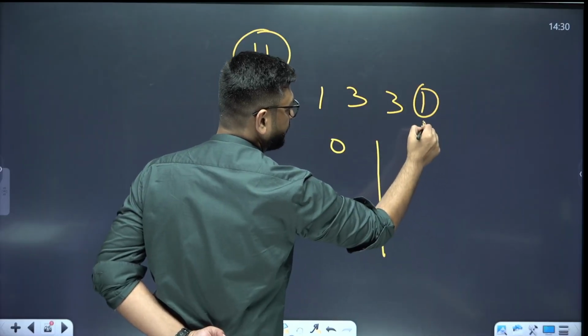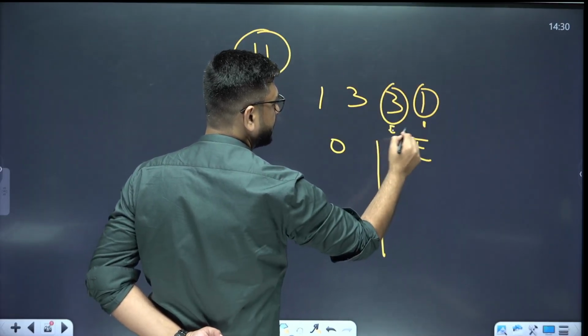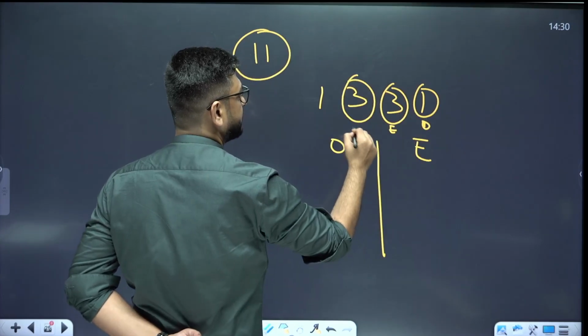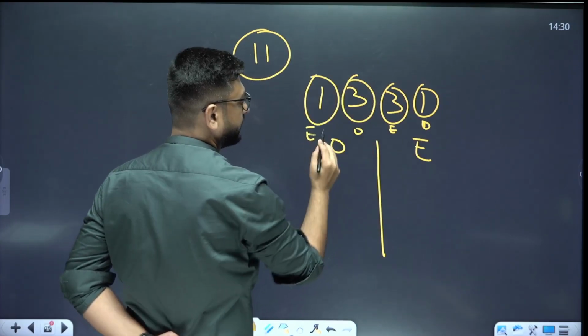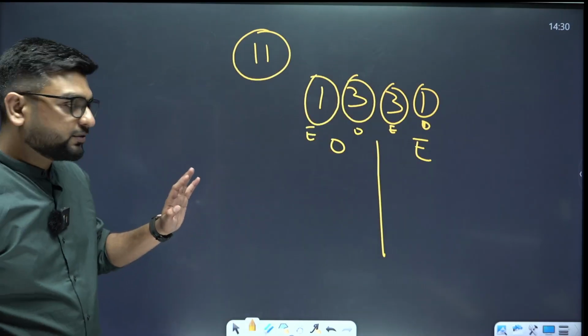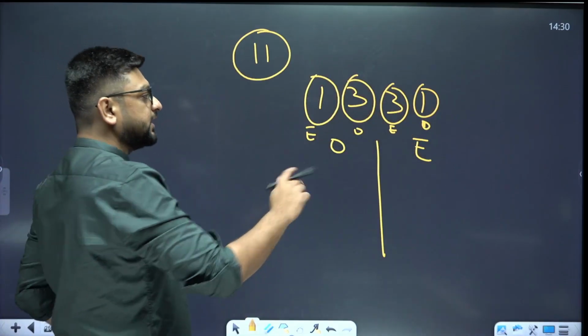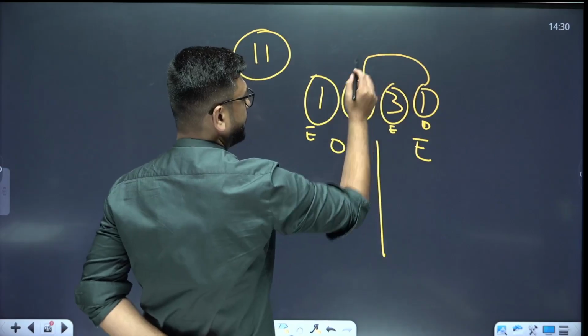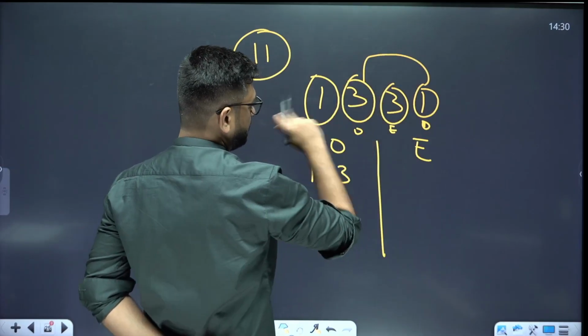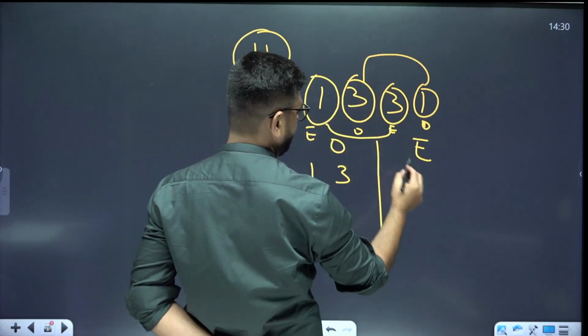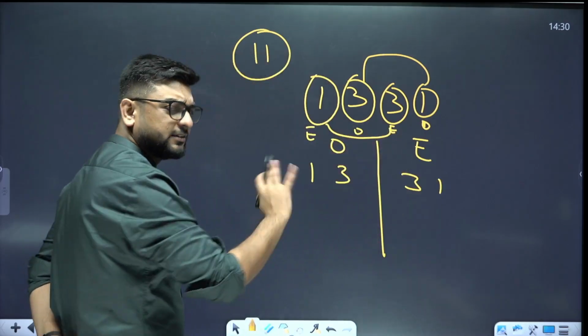This is my odd position, this is my even position, this is my odd position, this is my even position. We'll start from here and go till here. Now we'll write all the odd positions, that is 1 and 3. For even we have 3, 1. Or you can write vice versa, it's okay.